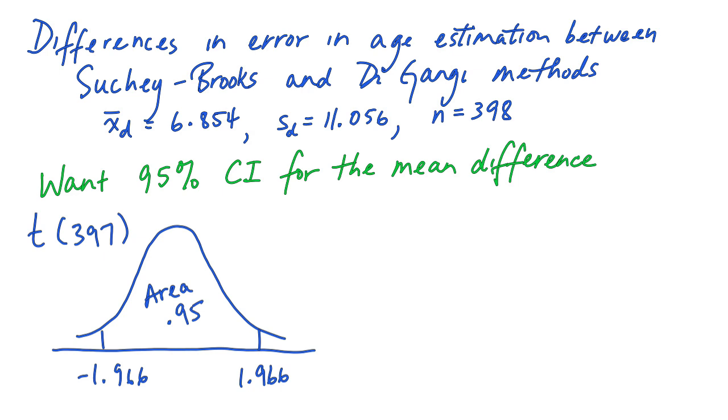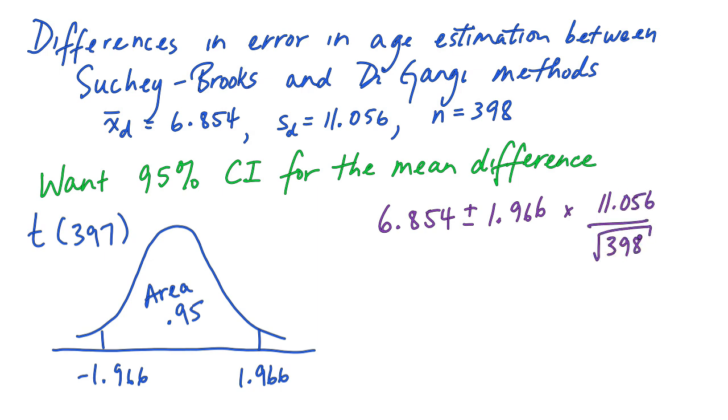And our 95% confidence interval for the mean of the difference is then our sample mean, 6.854, plus or minus this critical value from the t-distribution, 1.966, times the standard deviation of the mean, which is the standard deviation divided by the square root of the sample size. That gives us a 95% confidence interval from about 5.76 to 7.94.